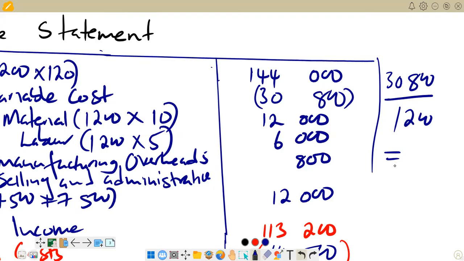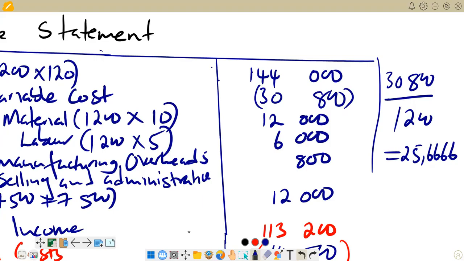So we can try to calculate that one and see what we get there. If you divide there, you get 25.666. The 6 is recurring there, so you can just put it to 4 decimal places as 25.6666. That is the variable cost per unit.